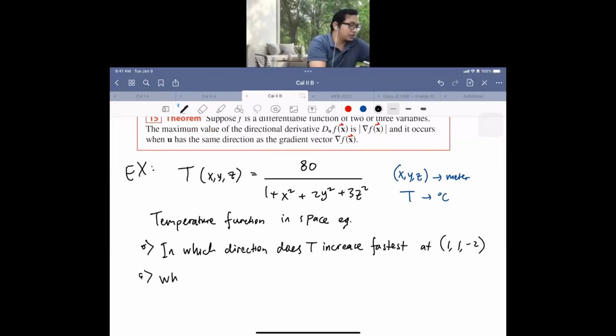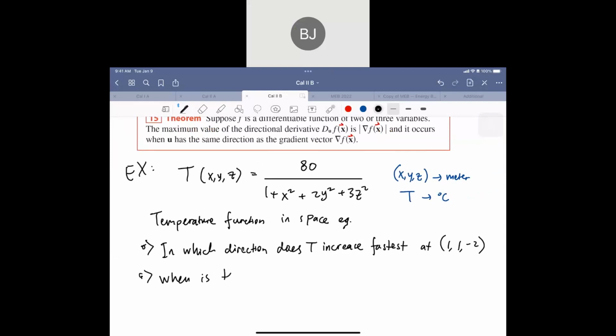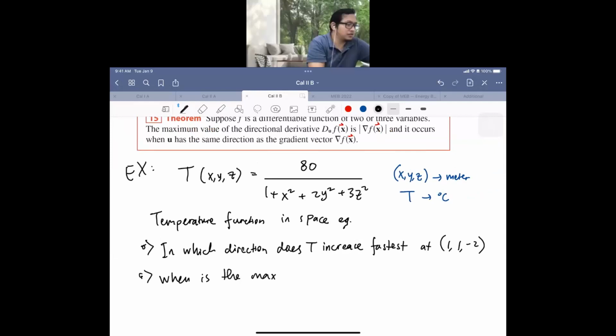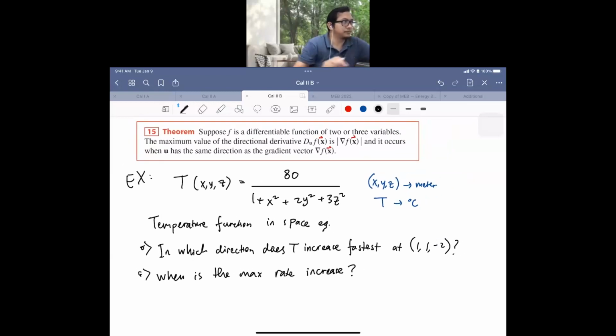And then what is the maximum rate of increase?